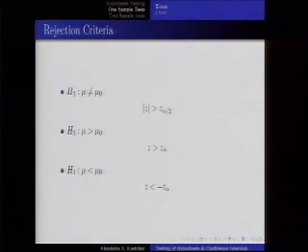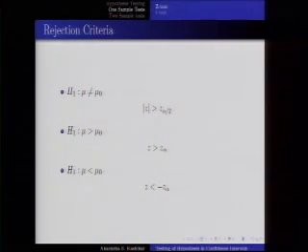Now the rejection criteria would be different depending on our alternative hypothesis. Suppose we are testing mu equal to mu naught against mu not equal to mu naught, meaning my alternative hypothesis is two-tailed.